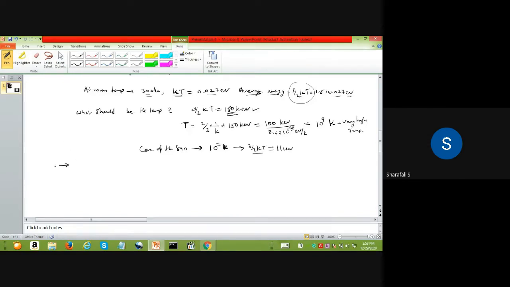In the sun, along with this high temperature, there are lighter nuclei, whether proton, neutron, triton, all of which are in abundance and very dense in the core of the sun.